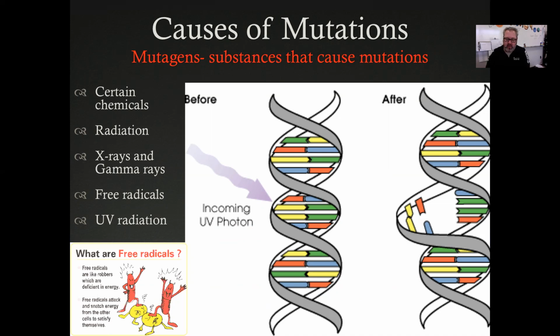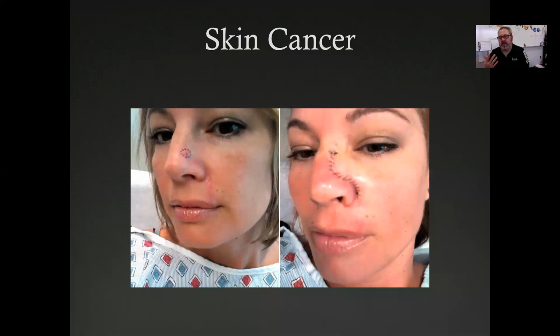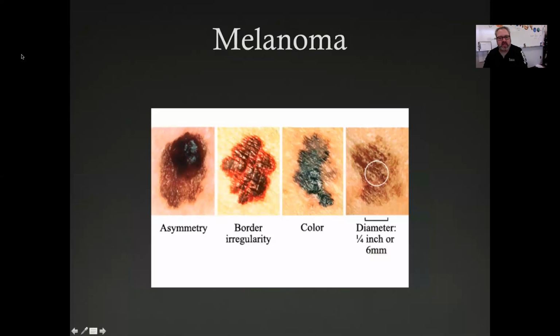Okay. Now, hopefully our body has mechanisms that can help to fix that, but if it can't, you end up with things like cancer. Okay. So skin cancer, obviously ultraviolet radiation from the sun can mutate the DNA in your skin. Skin cancer can be caused from a few different things, but we typically associate skin cancer with having too much time in the sun, or tanning beds and things like that.